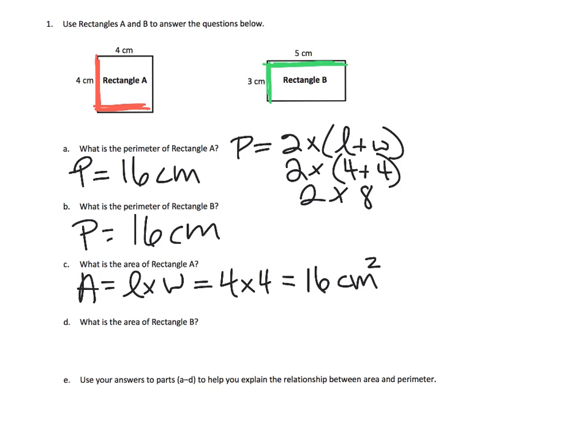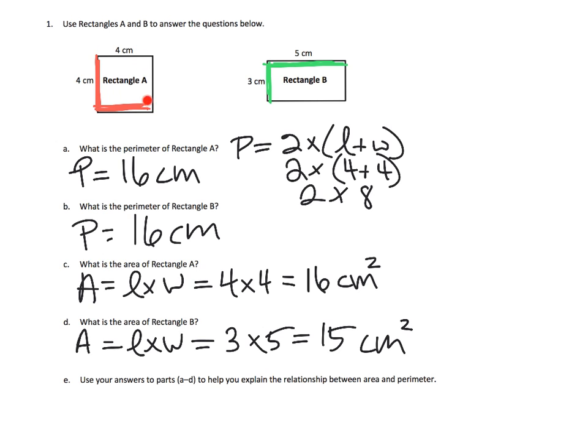Well, it's length times width, which in this case is 3 times 5, which is 15 square centimeters. So we would need 16 squares in order to make this figure. We would only need 15 squares to make this rectangle.